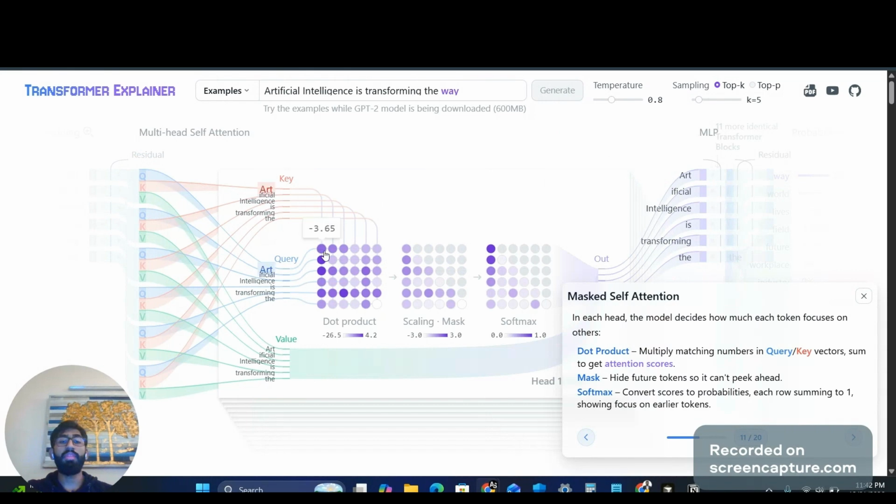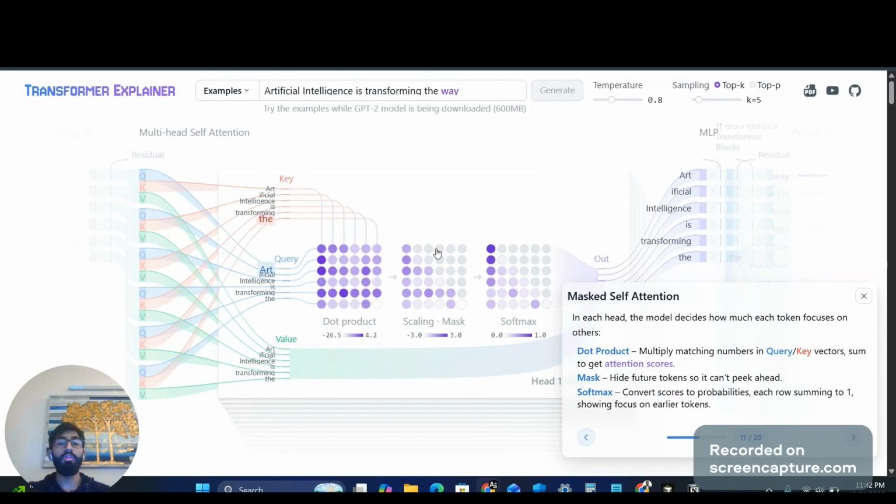That sum then goes to an activation, which is the softmax activation. This converts those logits into zeros and ones, basically, of how well they relate. So art and art match, it's relevant, so it will be 1.